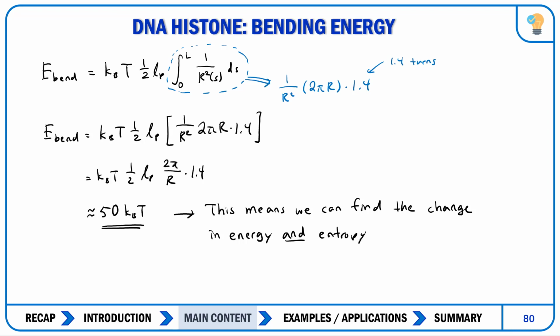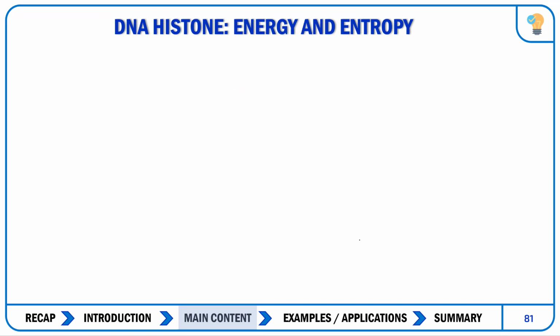So that's the next step, being able to find equations to determine the change in entropy and energy. So let's take a look first at the energy change. The energy change is going to be presented by delta E is equal to negative kBT times 220 positive histone charges times 2, because there's 2 of them for the 2 layers.